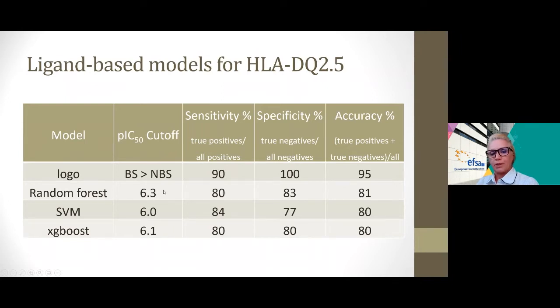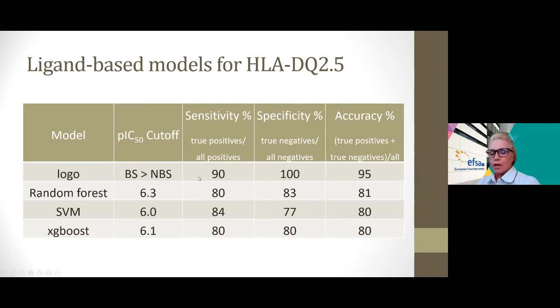So peptides with a predicted pIC50 value above these cutoffs are considered binders, and below this cutoff, non-binders. For the classification model, we calculate the binding score and non-binding score, and if the binding score is higher than the non-binding score, the peptide is considered a binder.